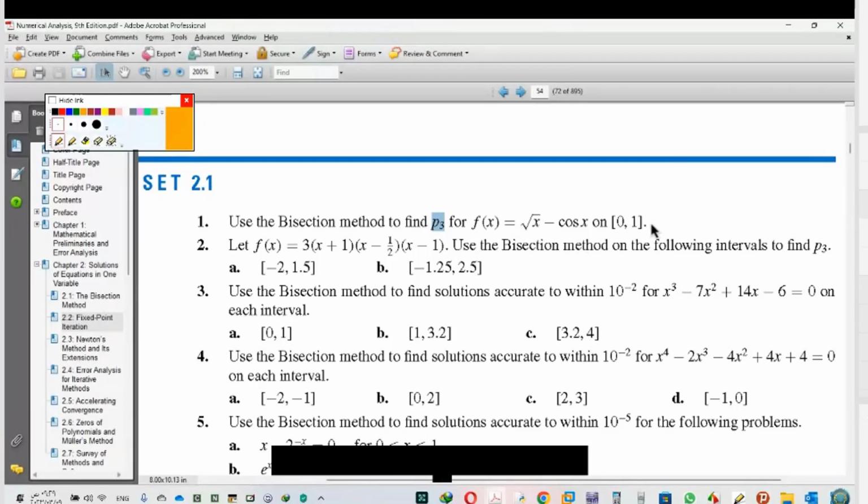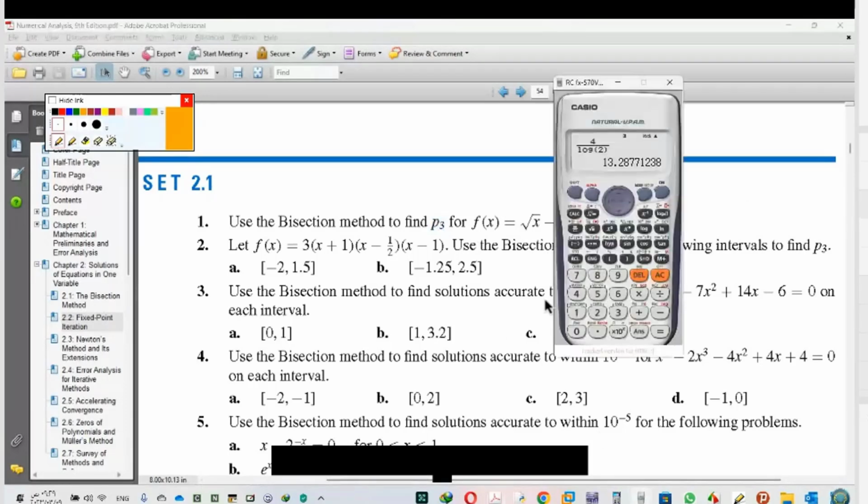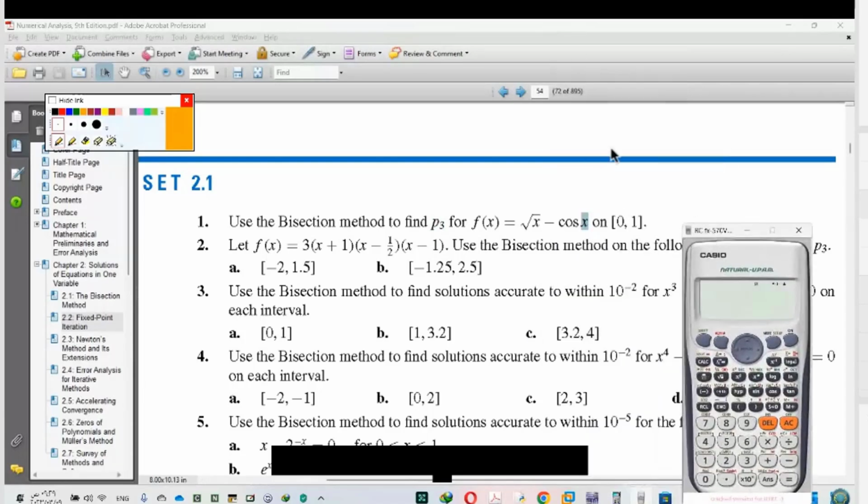Another problem is x cosine x. In this case, go to the calculator, shift, mode, change to radian, and work. This is the main mistake. Why? Because if I have this formula, for example x minus cosine x, from 0 to 1, 0 here is not like 0 here.